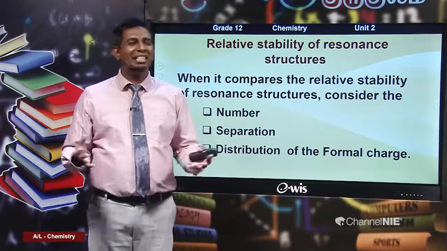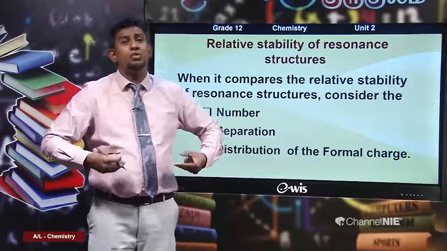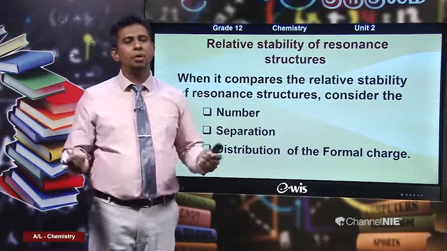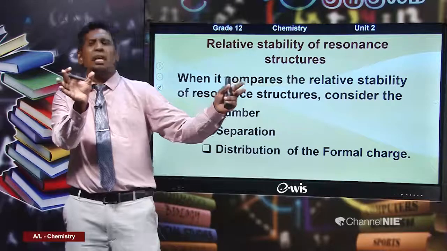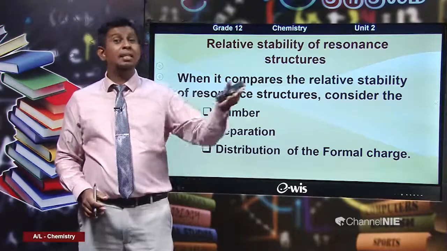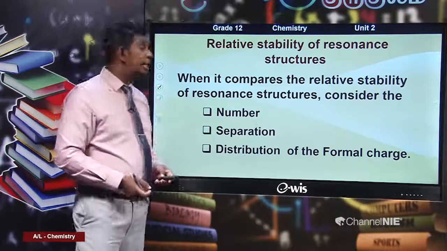Less unstable is more stable. Okay, so therefore the number of charges is a very, very critical factor. It's the first most important. So if you have two structures with different numbers of charges, the one with fewer charges is the best, the more stable.